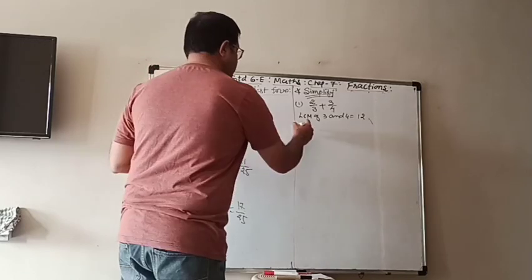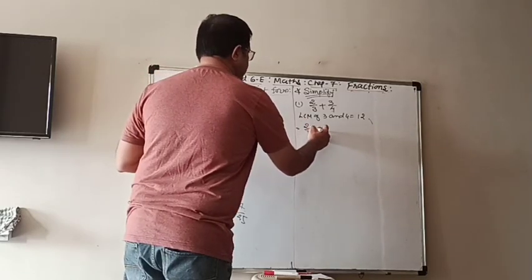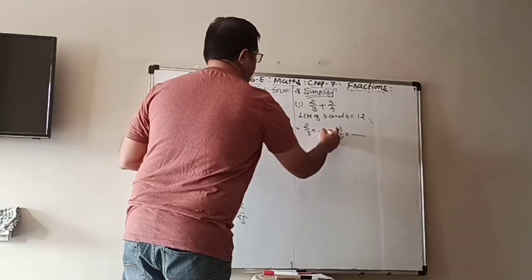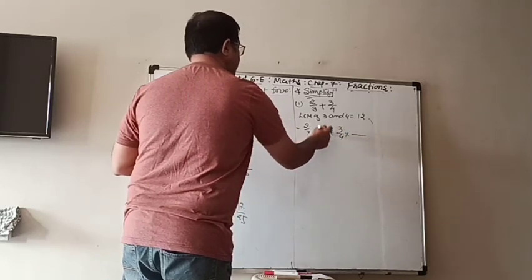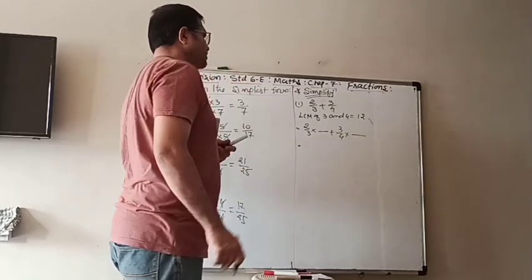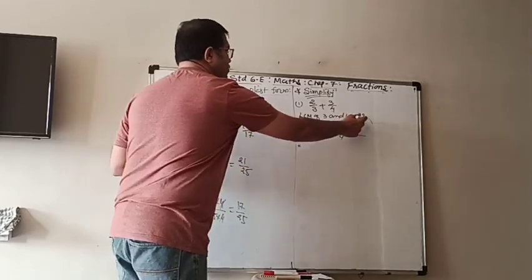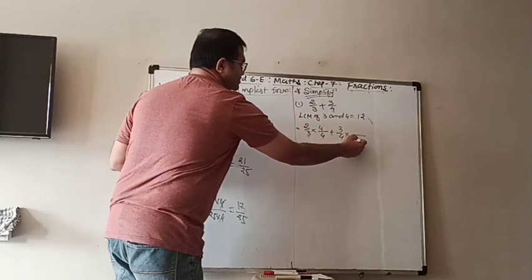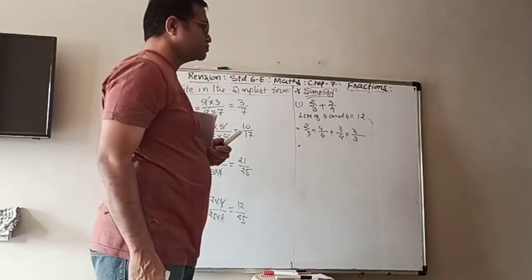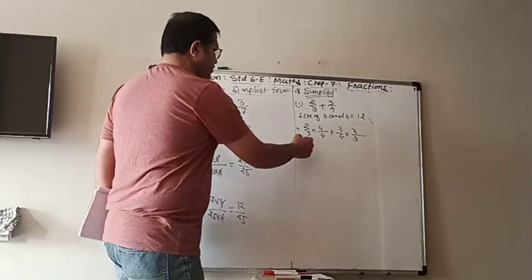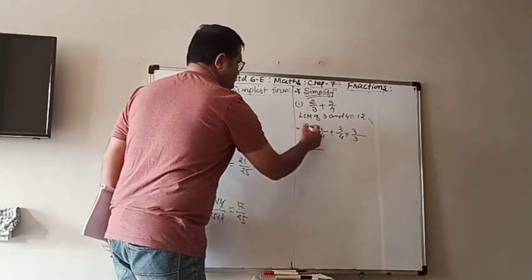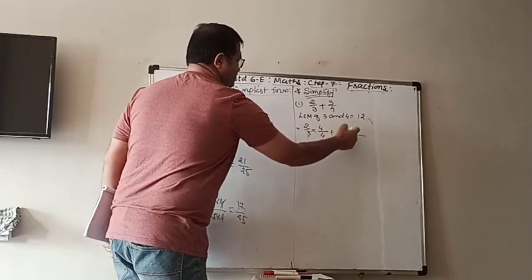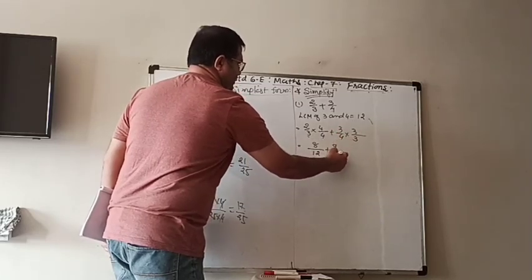Now, it means that 2 by 3 and 3 by 4 must be multiplied so that there is 12 in the denominator. 3 4s are 12, 4 3s are 12. So now 2 4s are 8 upon 12 plus 3 3s are 9 upon 12.